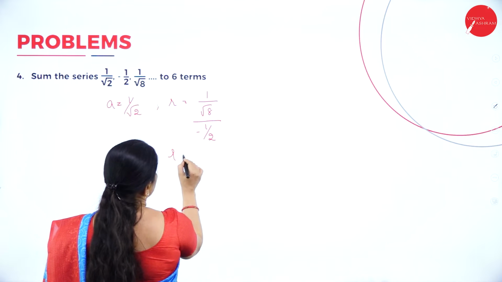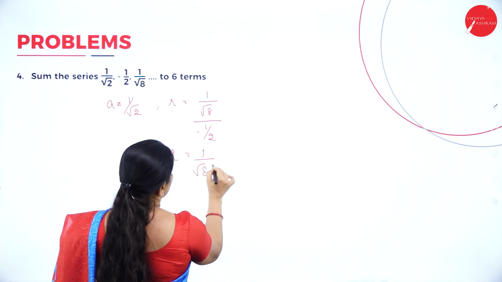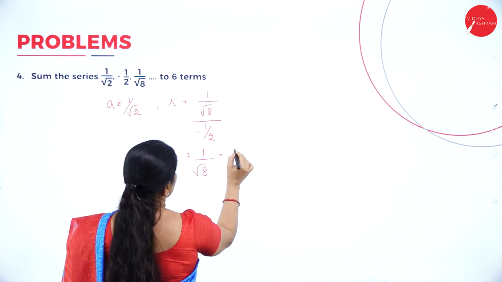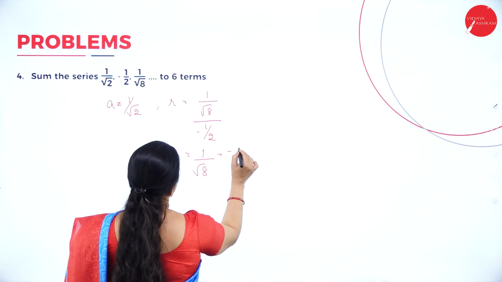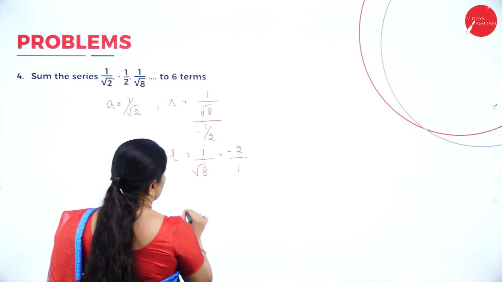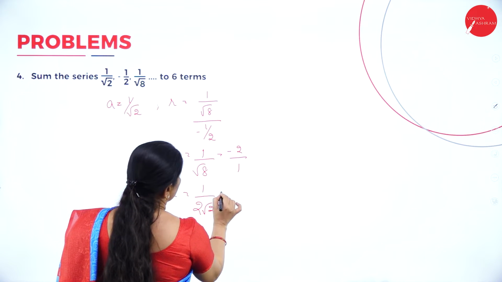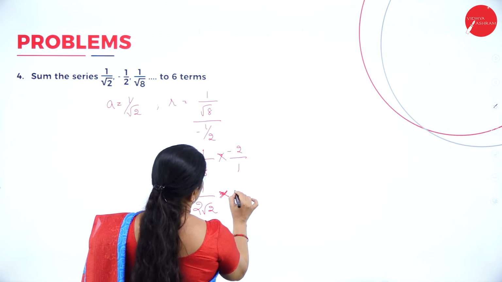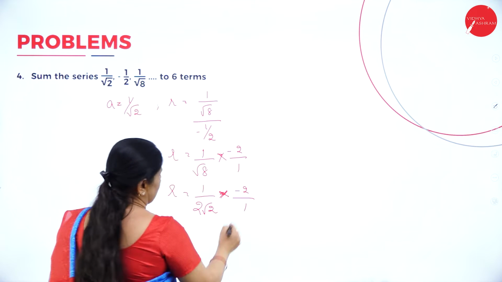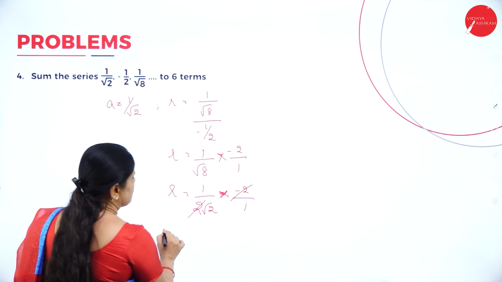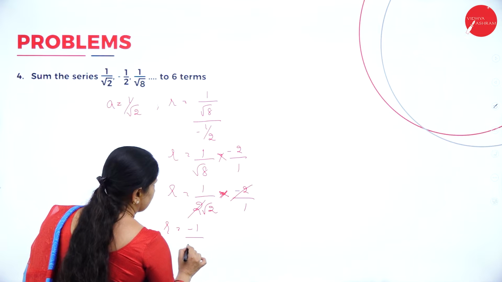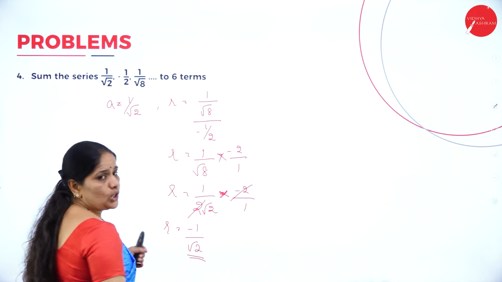When I simplify this, R will be 1 by 2 root 2 into minus 2 by 1. So, 2 and 2 get cancelled. So, R will be equal to minus 1 by root 2.